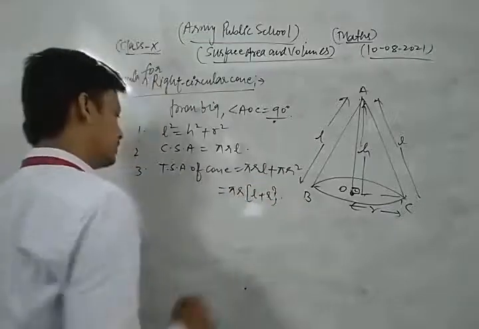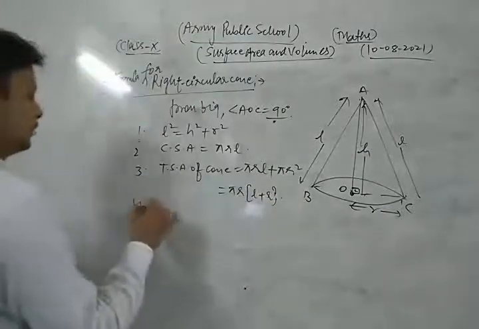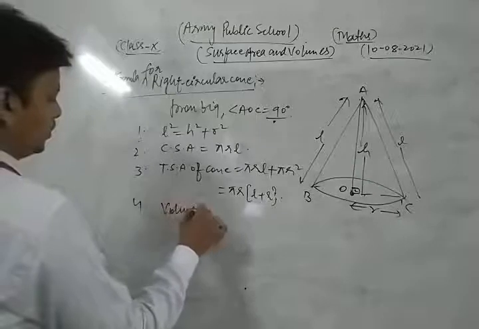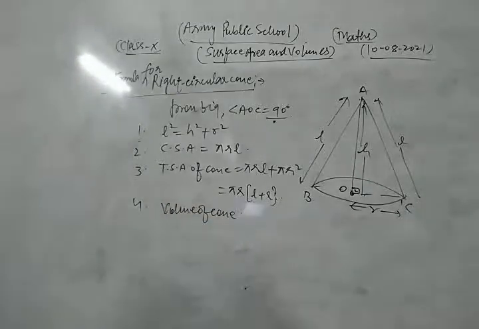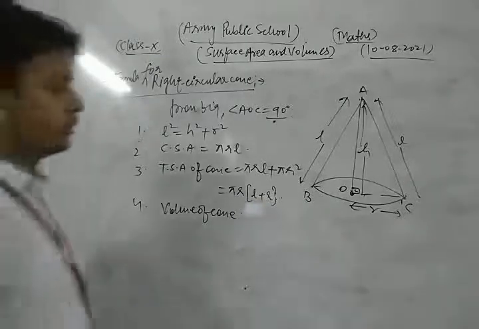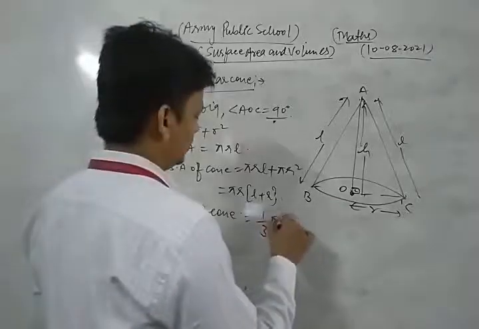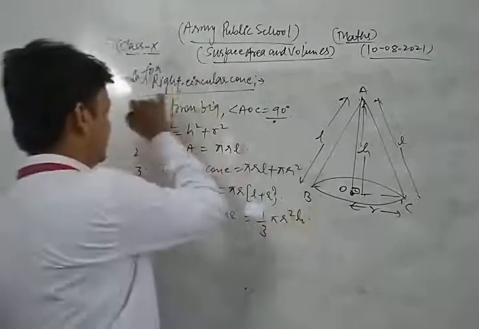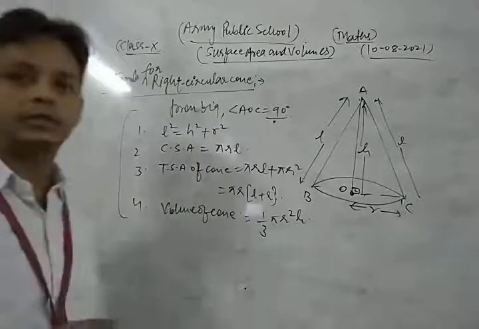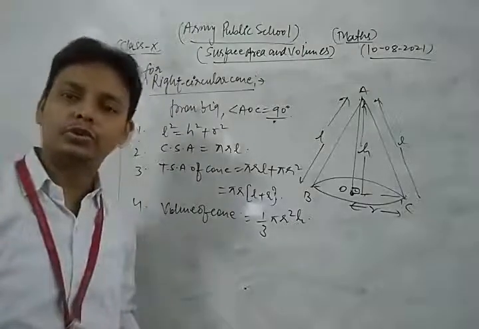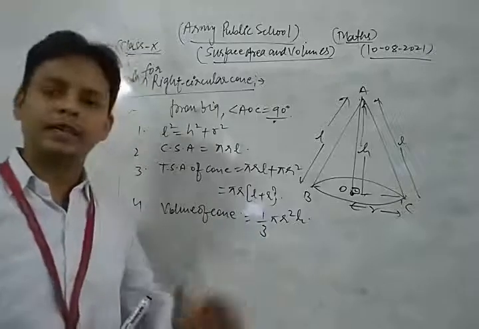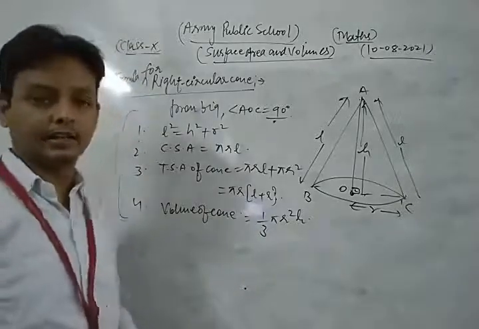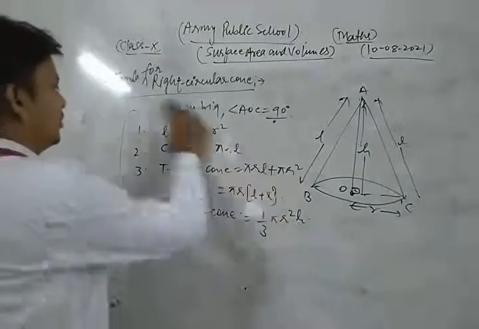Last one is volume of cone: 1/3 pi R square H. These are all the important formulas related to the cone. So please first learn each and every formula which we discussed in this class. After that, you can solve all the questions.